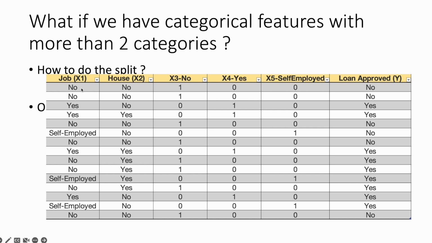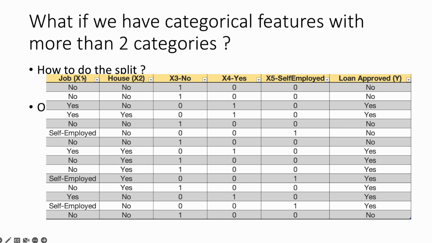Let's say if it is no, then one hot means out of all these 3, only one will be 1. Rest both features will be 0. That's why the name is called one hot. In each of these rows, you will find the occurrence of 1 only one time. Rest all will be 0, right?